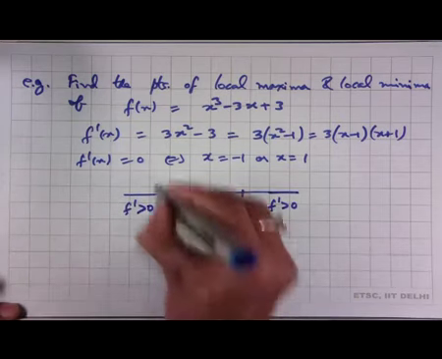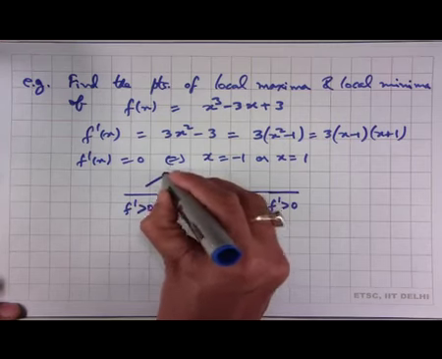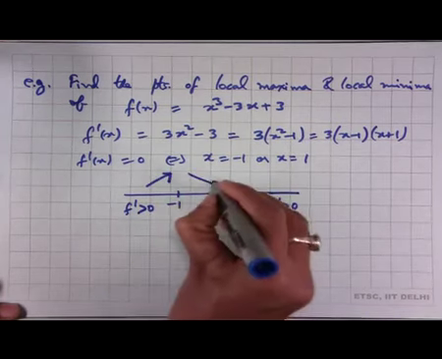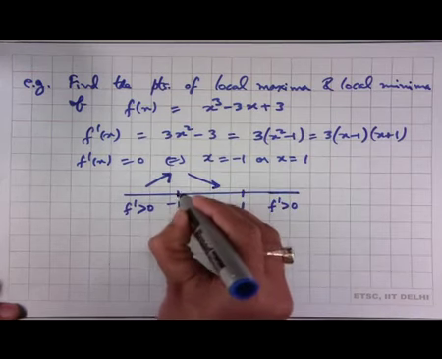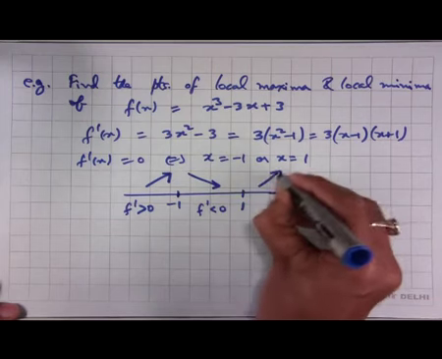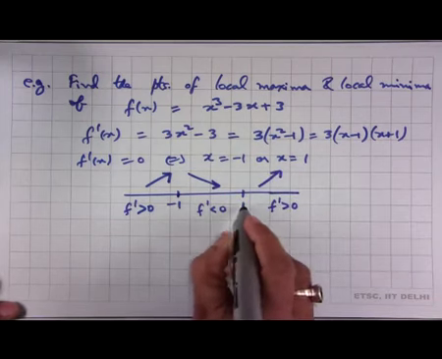So, that means that the function is increasing, it changes sign from positive to negative as we move across minus 1, and it changes sign from negative to positive as we move across the point x equal to 1.